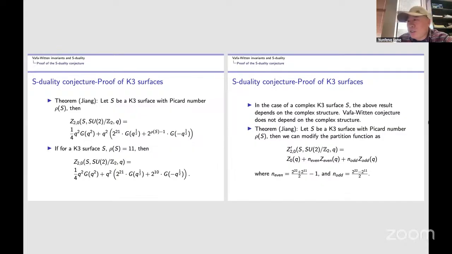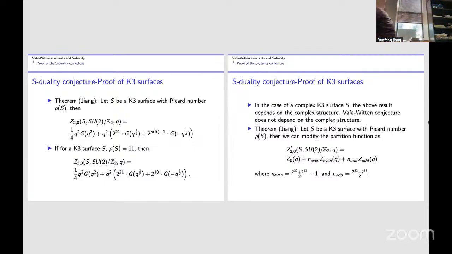You can think of this as the new contribution, the new finding on the SU(r) mod D_R side, which is important. Otherwise, you cannot prove the S-duality conjecture in the mathematical sense. So here on the right side, the S-duality for the K3 surface is really like this in Vafa-Witten's paper.